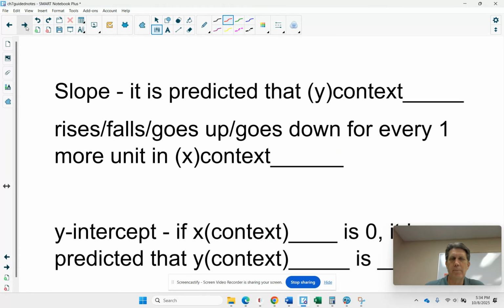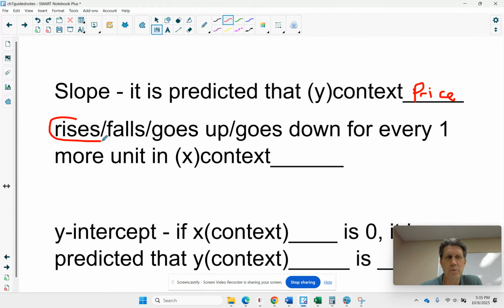So now I'd like you to pause. Oh, here's in general what you need to memorize. The slope: it is predicted that y in context, so for example, the price, rises, falls, goes up, goes down. You're going to have something like that.